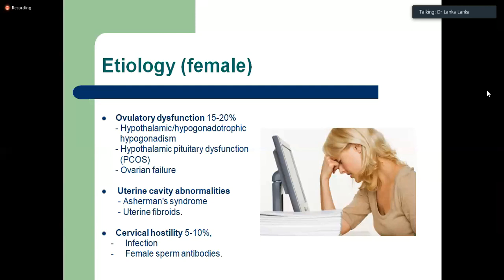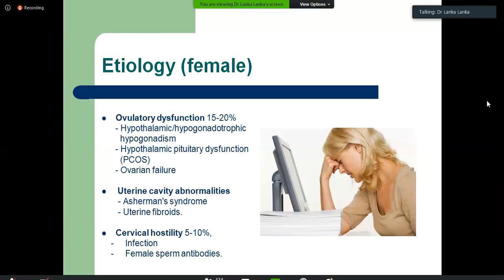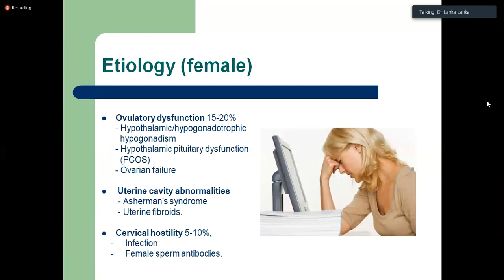Remember, tubal factor, blockage or functional defects, ovulatory dysfunction due to different issues, but I said polycystic ovary syndrome is the main culprit, and uterine cavity or genital tract abnormalities, congenital or acquired, and cervical hostility.